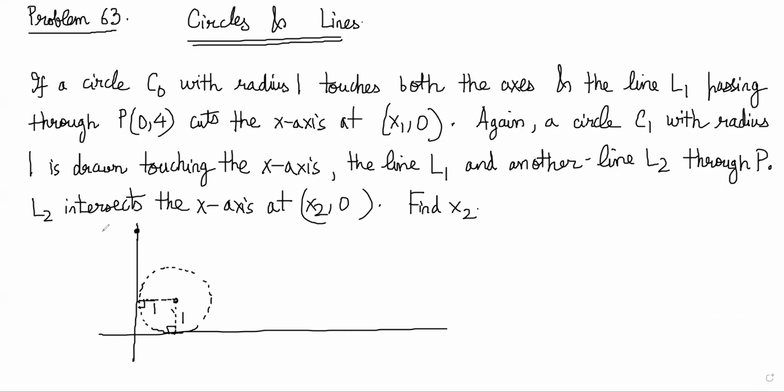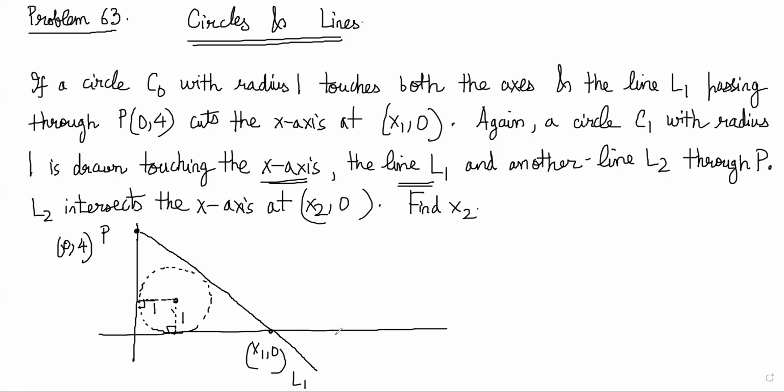So let's say this is the point P, which is 0, 4. This is the line L1, and the circle touches the line, and the line L1 intersects the x-axis at x1, 0, right?